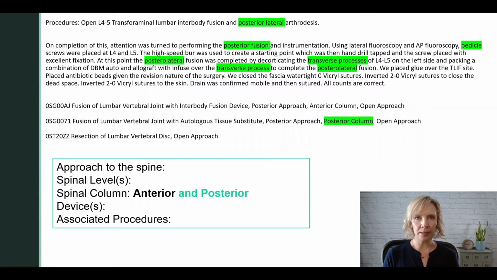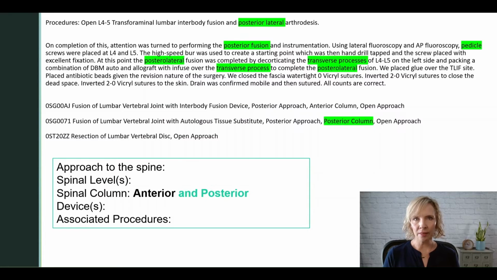They described the placement of pedicle screws and the completion of the posterior lateral fusion by using a combination of DBM, auto, and allograft with Infuse over the transverse process, which is a component of the posterior spine. This description of placing bone graft over the transverse process confirms that the procedure fused the posterior spine.